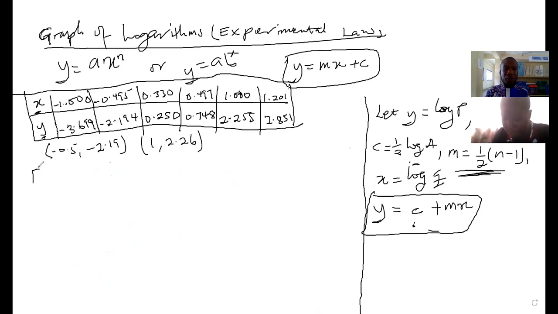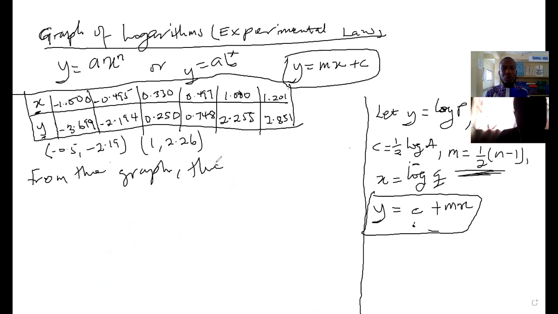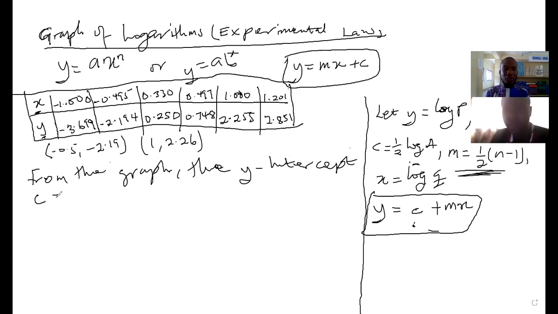All right, so from the graph, the y-intercept, which we are calling C, is equal to negative 0.728, right?